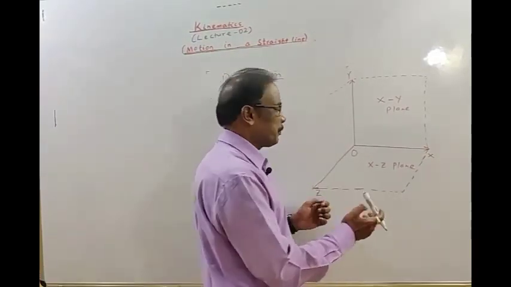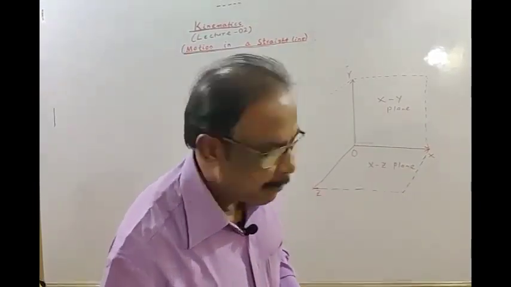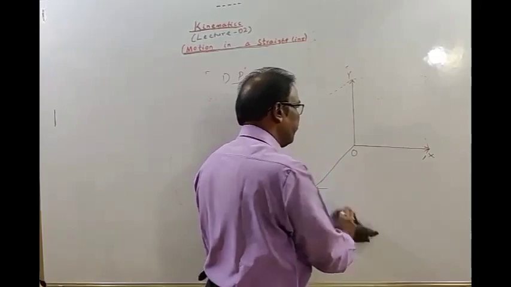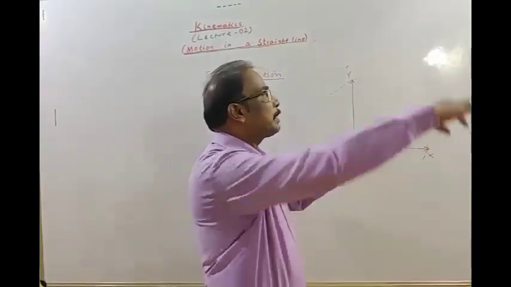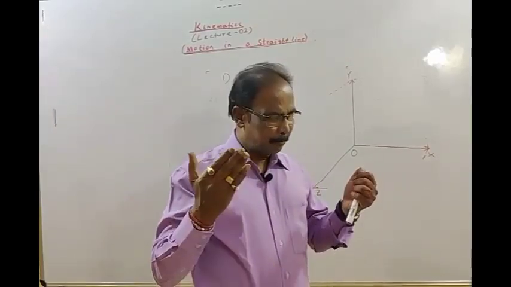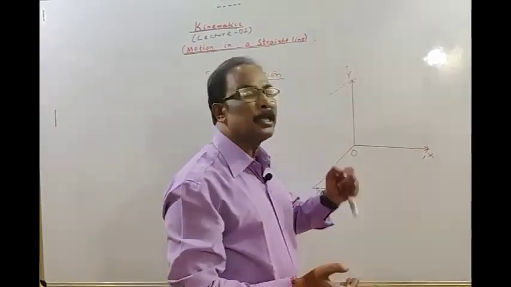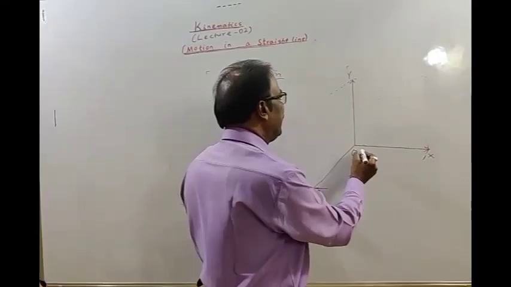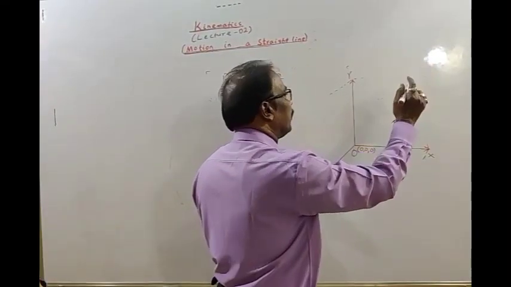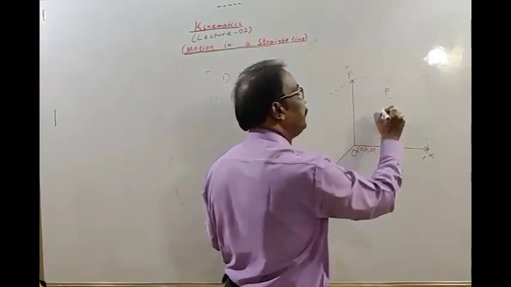Suppose a point or an object or a body is in space. This is the z-axis in space. We have to show its position with respect to the origin. The coordinates of the origin are 0, 0, 0. This is the point P, which I am representing here.